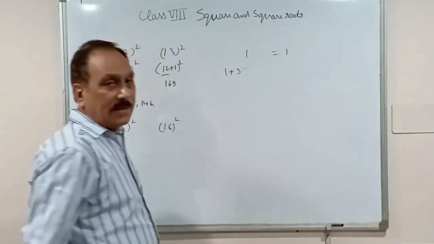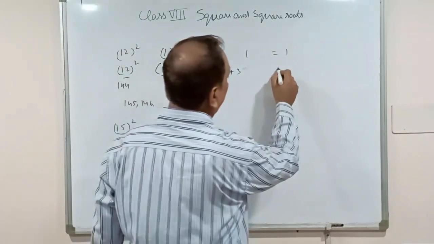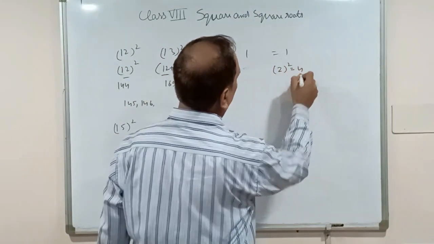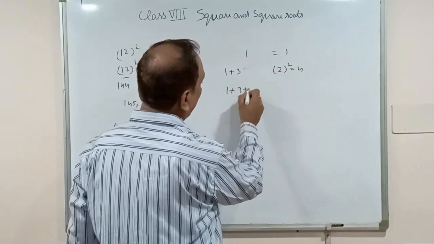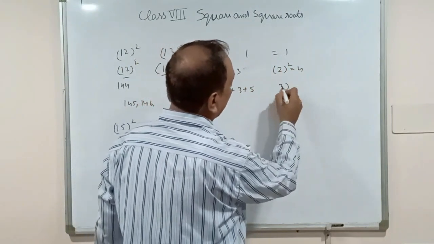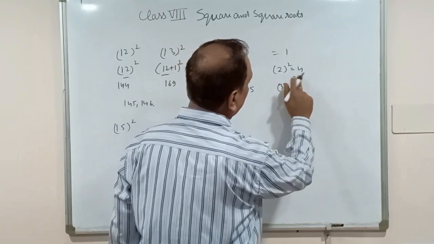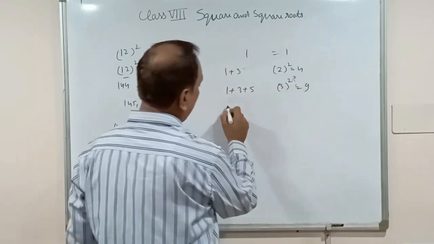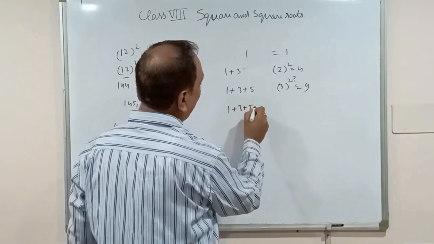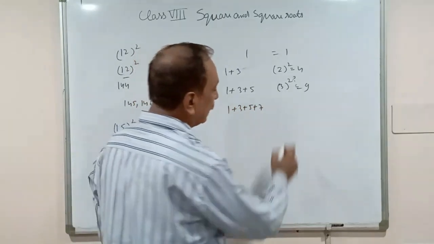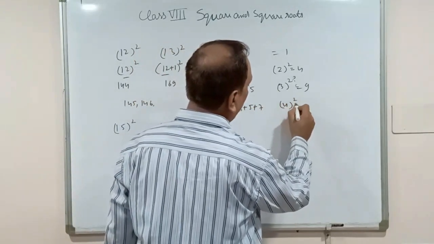How many numbers? There are 2 numbers. The square of 2 is 4. 1 plus 3 plus 5. There are 3 numbers. 3 square is 9. 1 plus 3 plus 5 plus 7. There are 4 numbers. 4 square is 16.